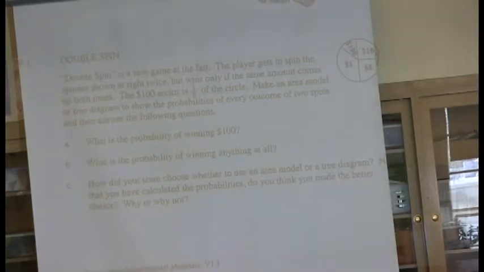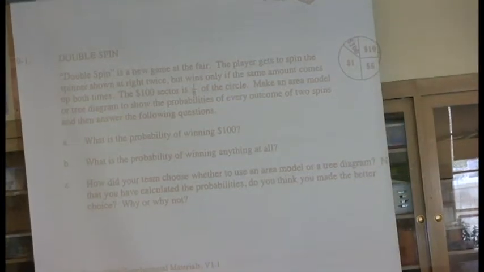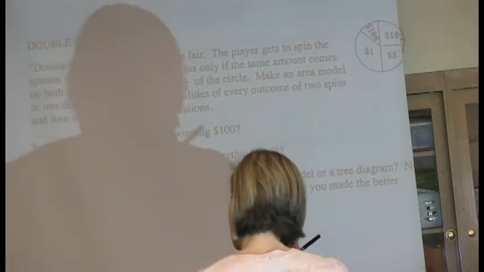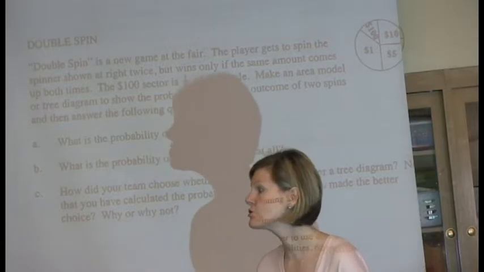So this is page 27 in your book, right, which you should have open right next to what you're working on. Question A says, what is the probability of winning $100? Well, first you got to go back. What did you have to do in order to win? Hit it 2 times in a row.